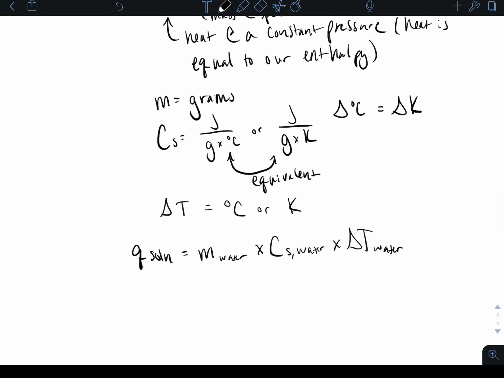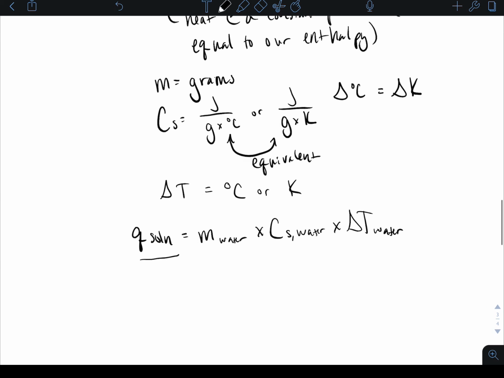What's going to happen is our reaction is going to have a temperature change, and the change in energy is going to be absorbed by our solution, or our water. And we can look at how much energy the water has absorbed or released. Generally, we're looking at the water absorbing heat. So almost always the delta T for this reaction is going to be positive.